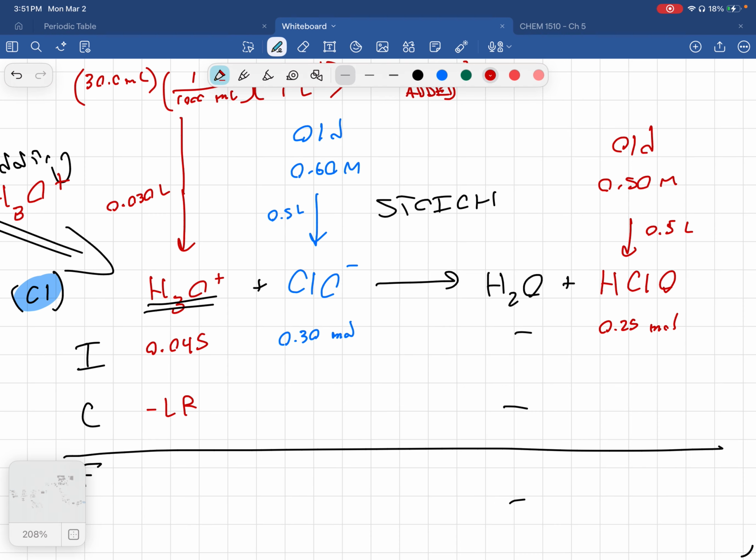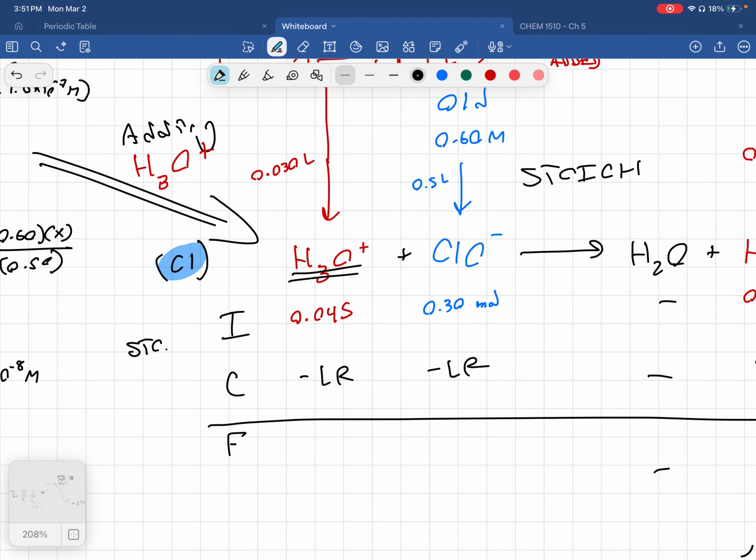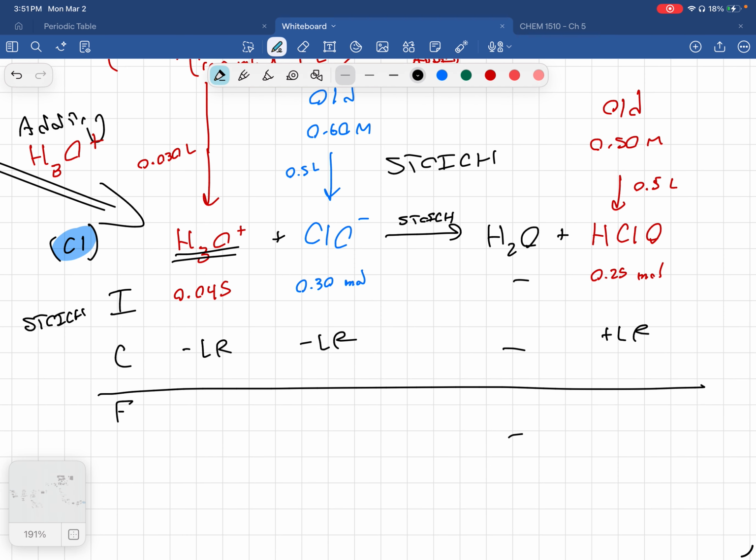Remember, since this is stoichiometry we're doing here, not an equilibrium problem, see the single arrow? Stoich. We're dealing in moles, and in the change row, it's changing by the limiting reactant.